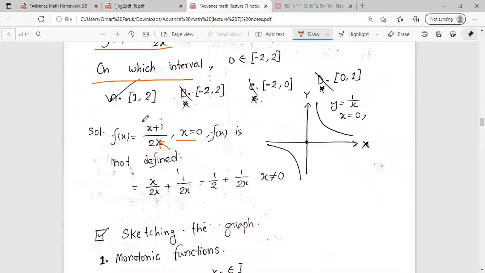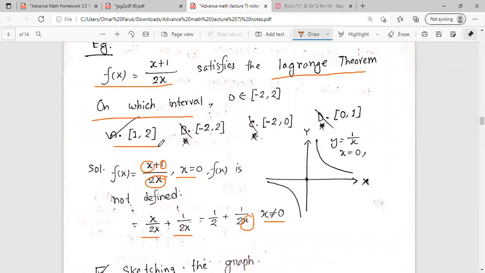So we divide this by 2x, making x over 2x plus 1 over 2x, equal to 1/2 plus 1/(2x). So again here x cannot be 0.